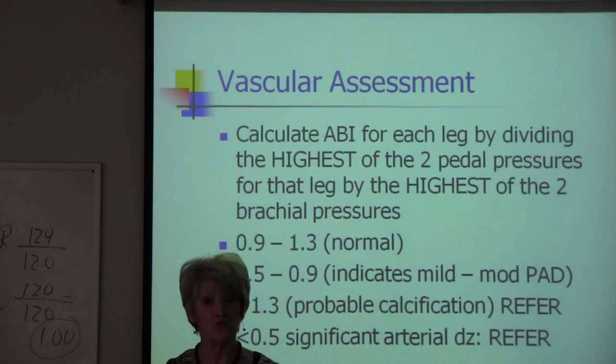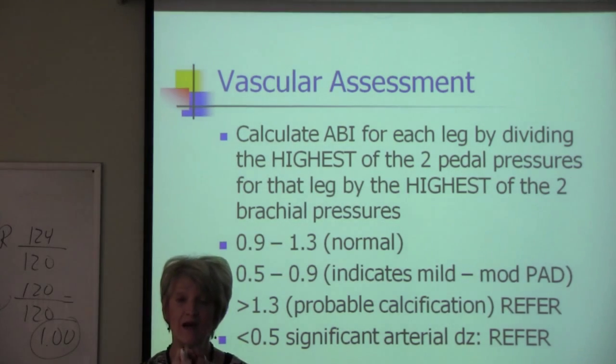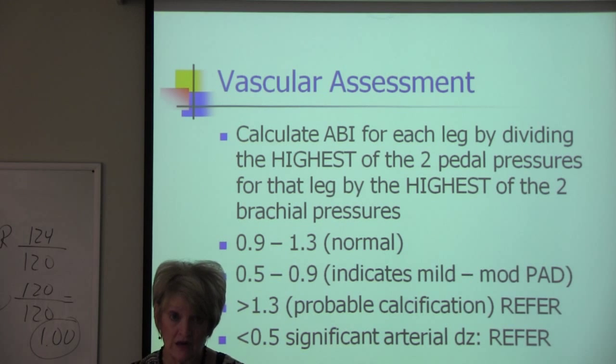But to calculate the right, how would you do it? You would take out your calculator. You always enter the ankle pressure first. So you would turn your calculator on, and you would enter 124 divided by 120 equals, and that gives you your ABI.